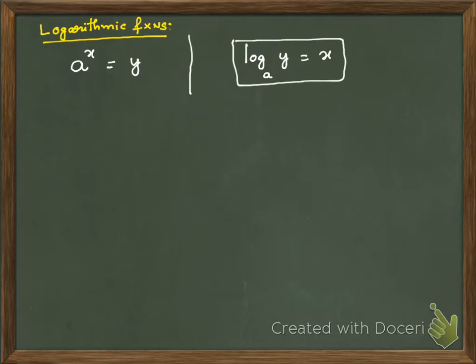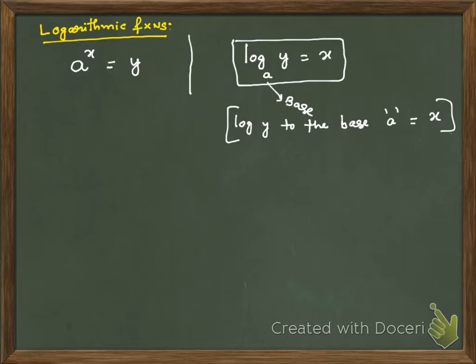This a is called the base. We read it as log y to the base a is equal to x. So whenever I write a power x equal to y, then log y to the base a is equal to x.